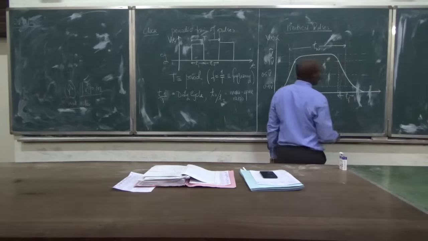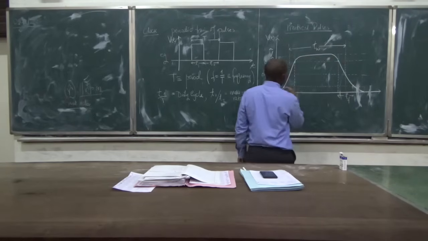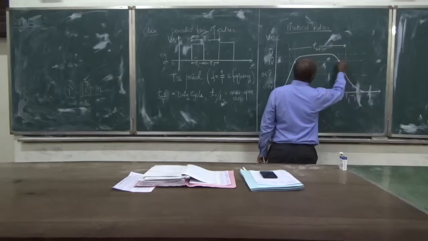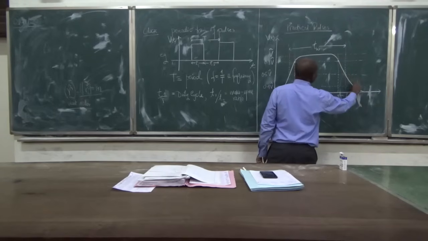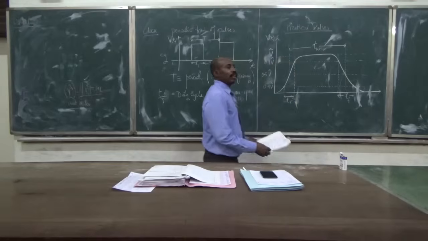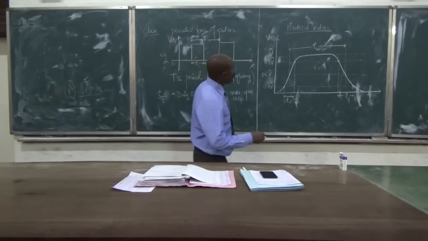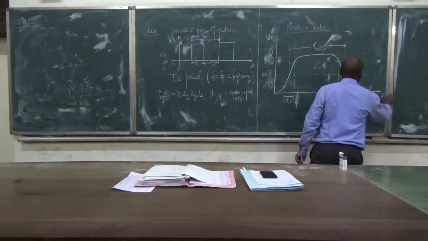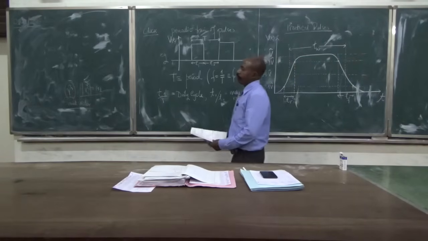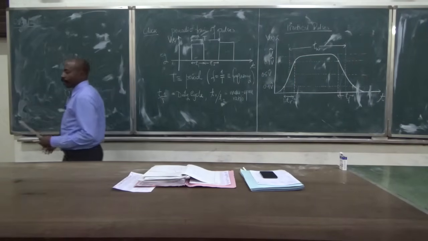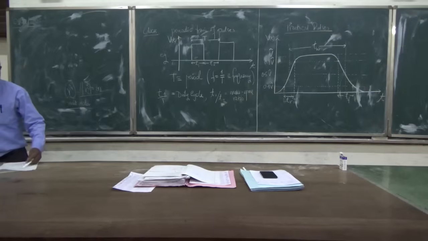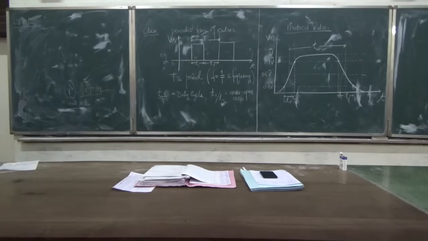The time between the 90% fall and the 10% fall is the fall time. And of course this is the time here. I want to repeat it so that you understand the diagram.